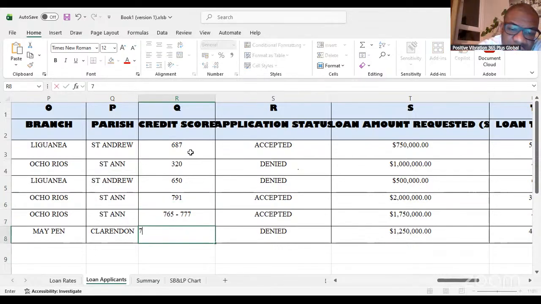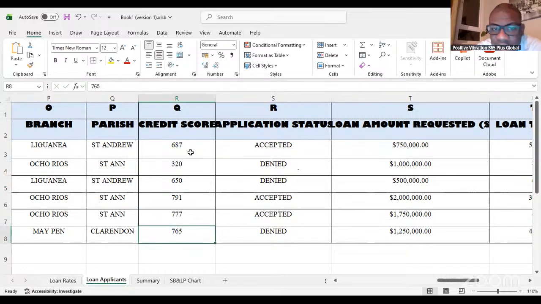In this case, 765. But this one is going to get denied, so it needs to be lowered. So let's say it's 400, 490.